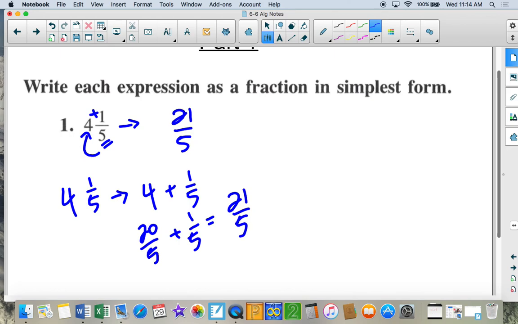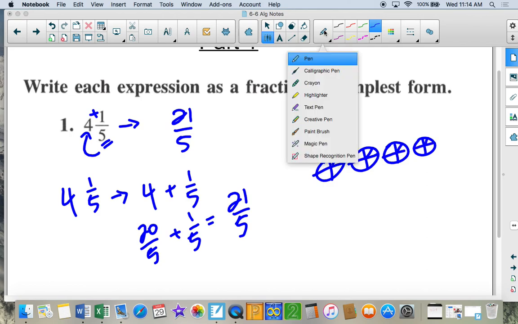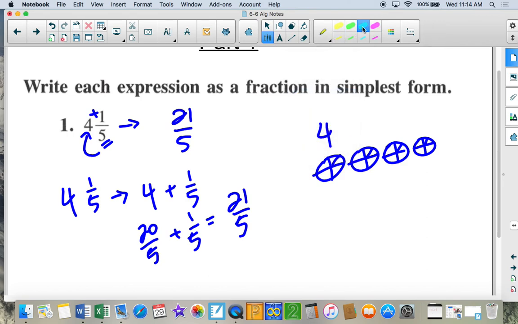If we want to look at it even more specifically, 4 means we have 4 whole figures broken into 5 pieces. And they're all shaded in because they're complete ones.